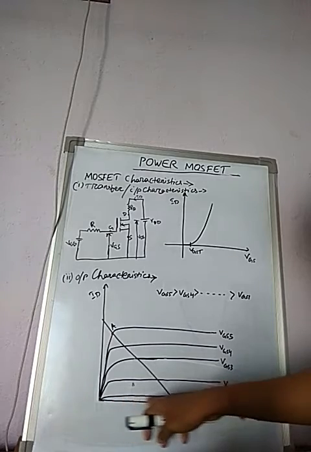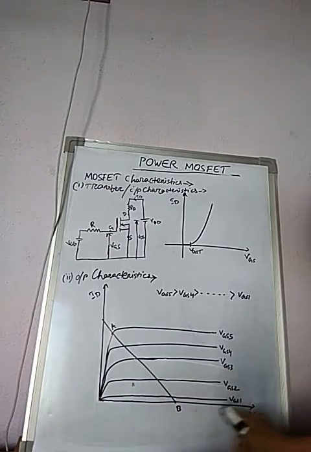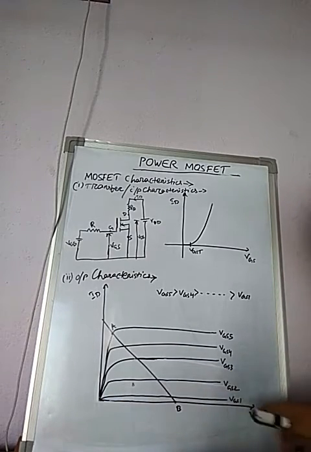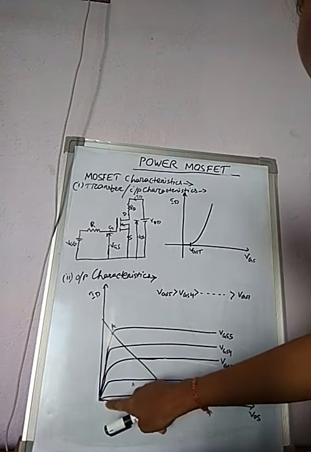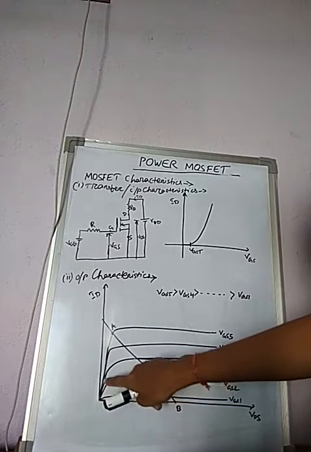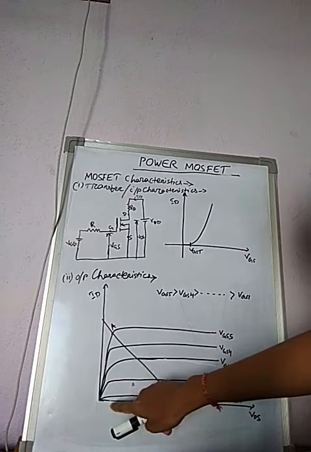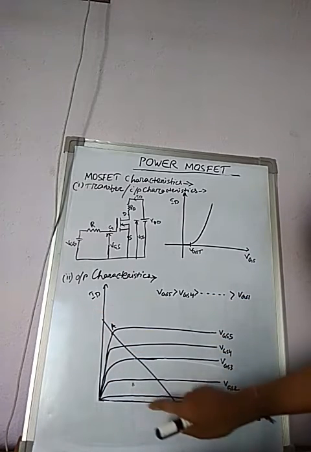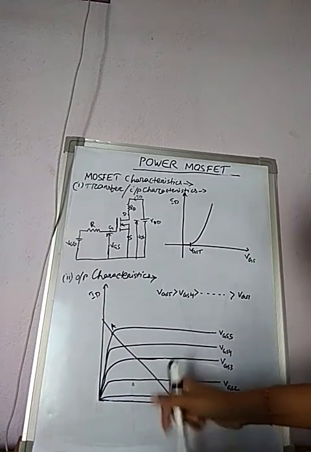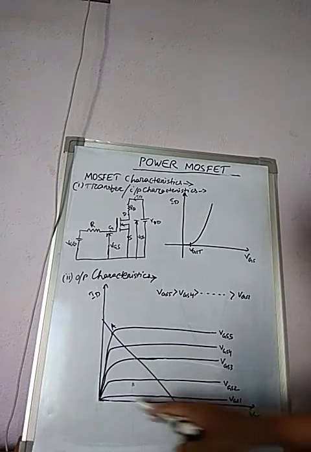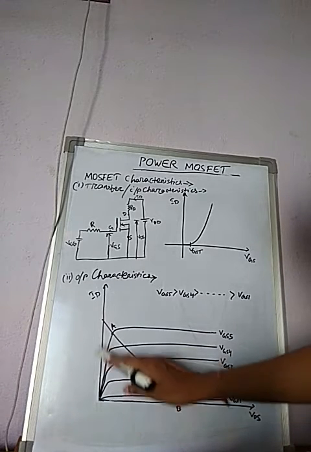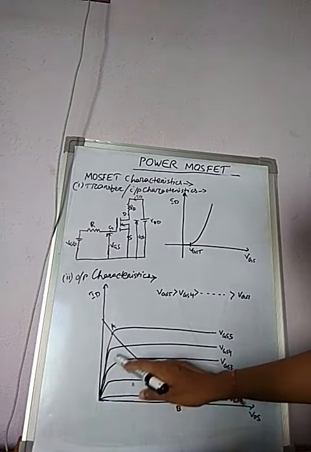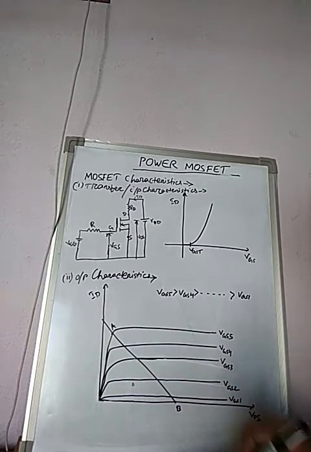See, for the low value of VDS, this is the VDS, increasing VDS. So this range is the low value of VDS. For the low value of VDS, the graph between ID and VDS is almost linear. See, when the VDS level is low, the current graph is like this, linearly increasing drain current.